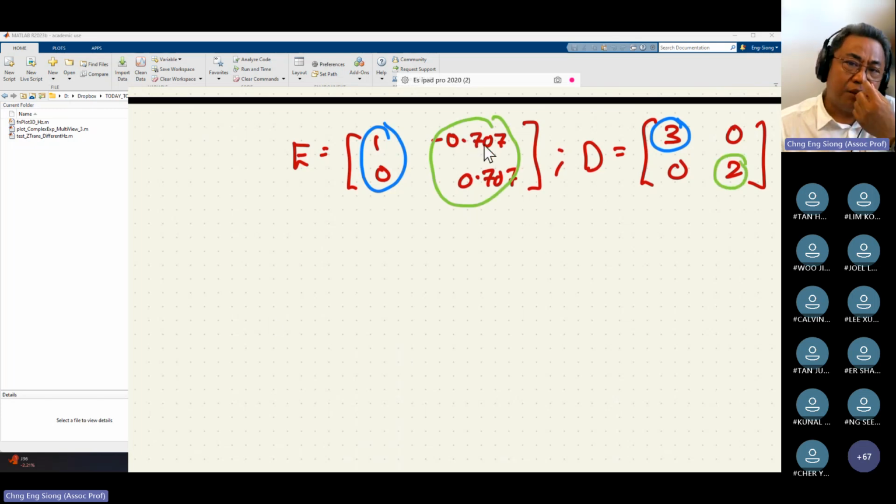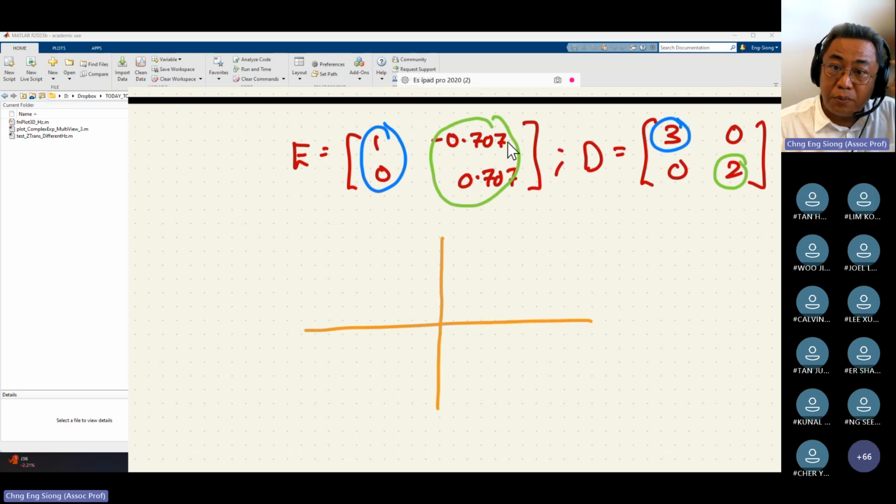Why did he choose minus 0.707, 0.707? Where is that? Let's draw. Who is minus 0.707, 0.707? Oh, wrong guy.